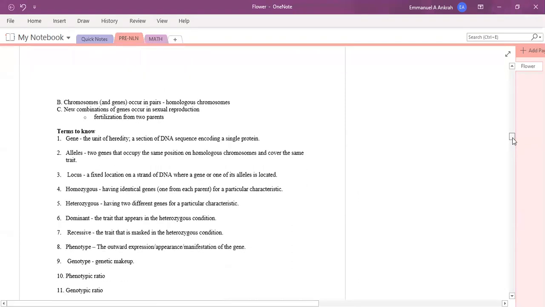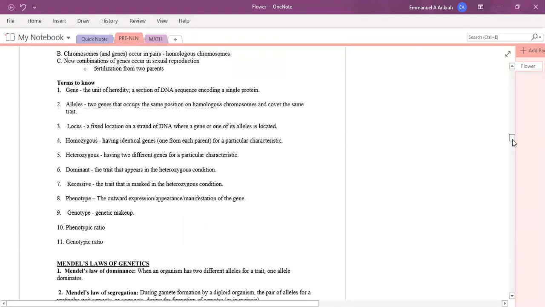So the chromosomes and the genes occur in pairs. That's what we call the homologous chromosomes. If you look at the DNA, the chromosomes occur in pairs, like a double helix.